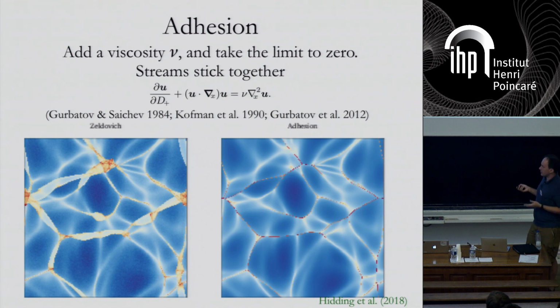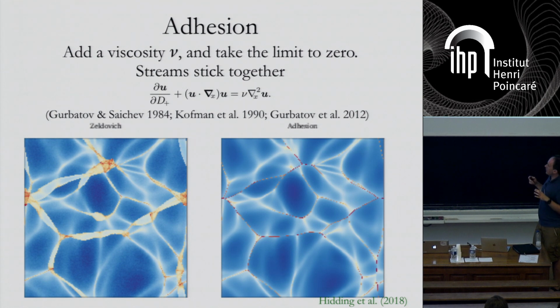But the adhesion model is a formalism that collapses these things into these lines. The way this works, which I'm not going to explain in great detail, is that you put a viscosity into the equation of motion.